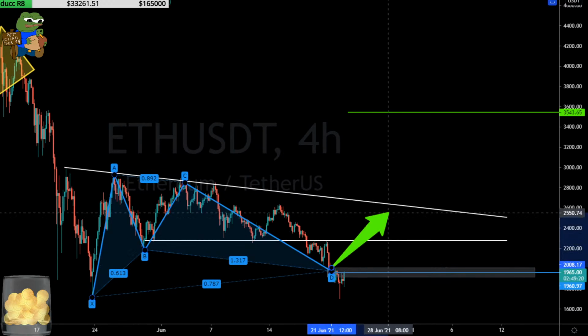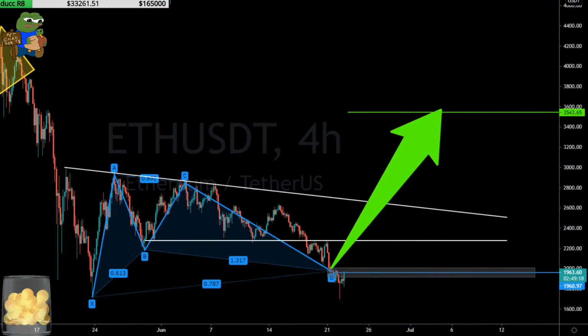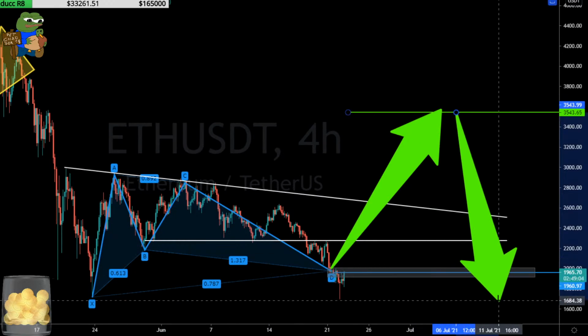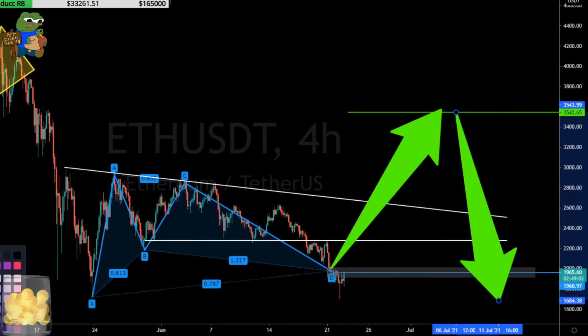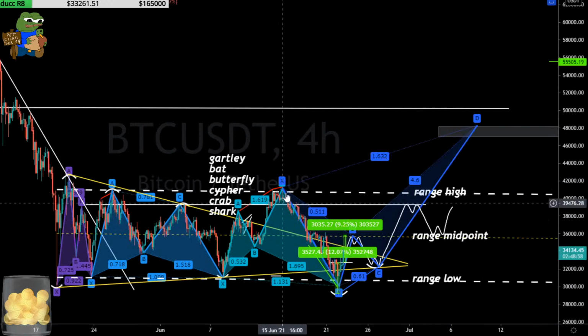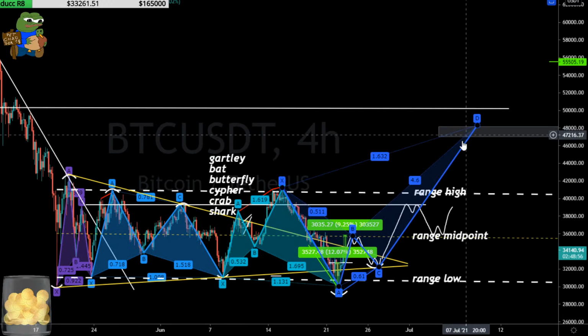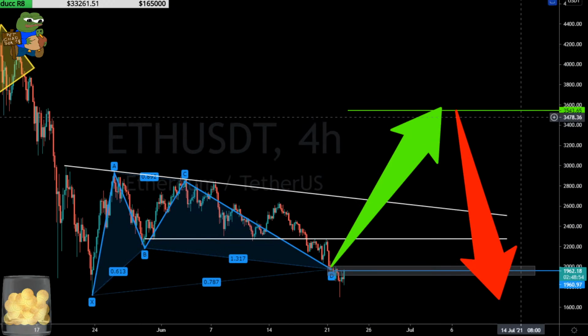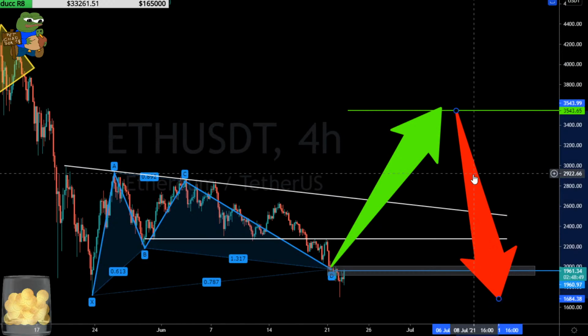So, yeah, even though what happened, the odds are still pretty high that this square up over here gets regarded, and this is where you finally sell back off. But again, that's up to Bitcoin, right? You need this to play out all the way up here, okay, in order to see ETH get up to 35, even possibly 4K, right?